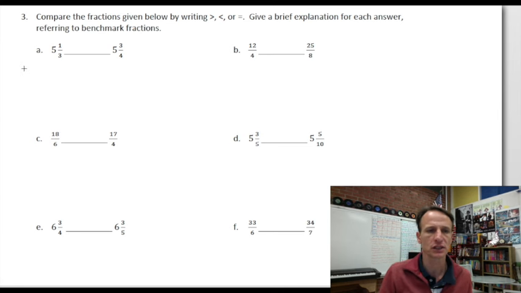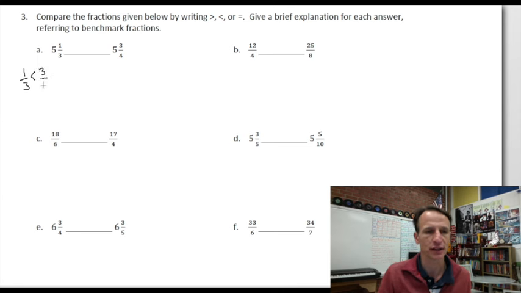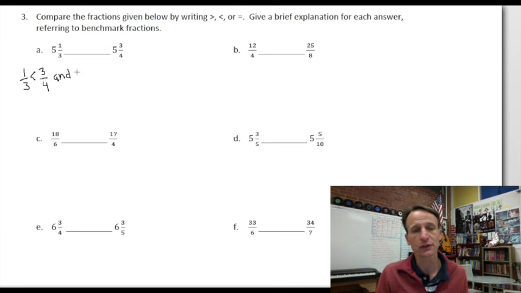We could say 1/3, and we can write this in math terms. We could say 1/3 is less than 3/4, and in order to fulfill the requirements here, 1/3 is also less than 1/2, right? So we can compare it to a benchmark fraction.